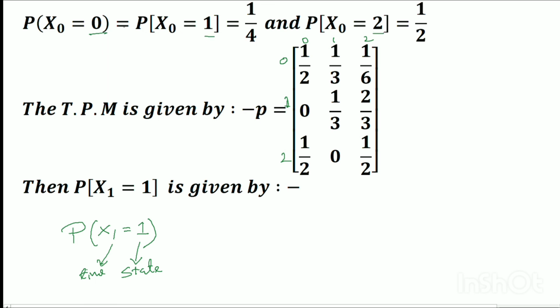Now you see X0 equals 0 with probability 1 by 4, 1 by 4, and 1 by 2 is my stationary distribution. So we can write that S1 equals P times this, my X0 state distribution.